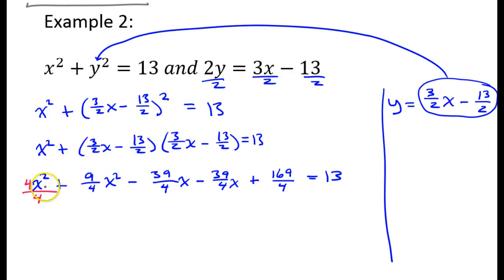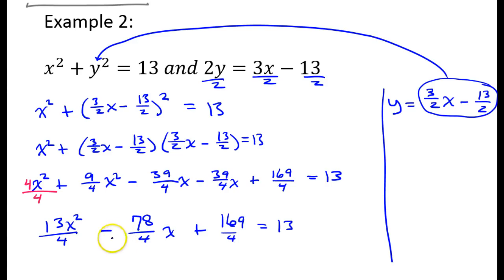So 4x squared over 4 plus 9x squared over 4 is 13x squared over 4, or 13 fourths x squared, whichever way you want to look at it. If I combine these, I'm going to get negative 78 fourths x, and then I've got the rest of it, plus 169 over 4 is equal to 13.